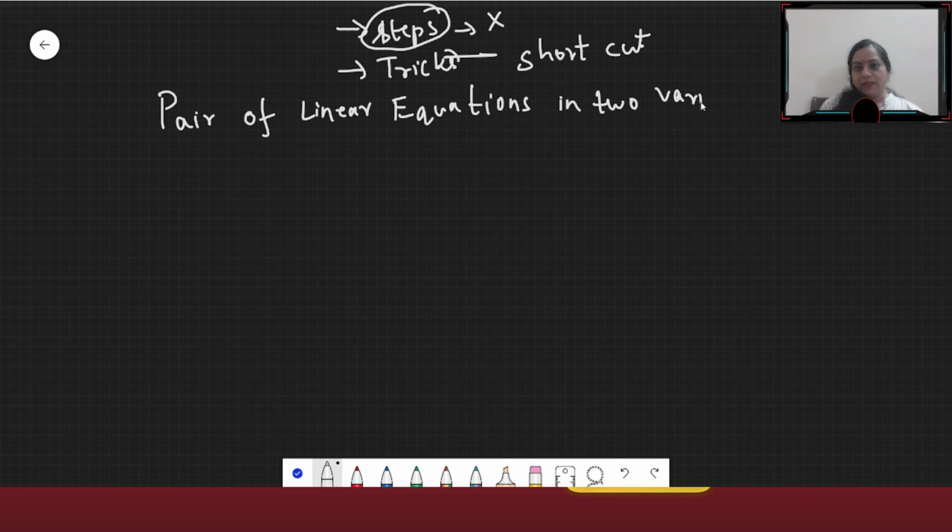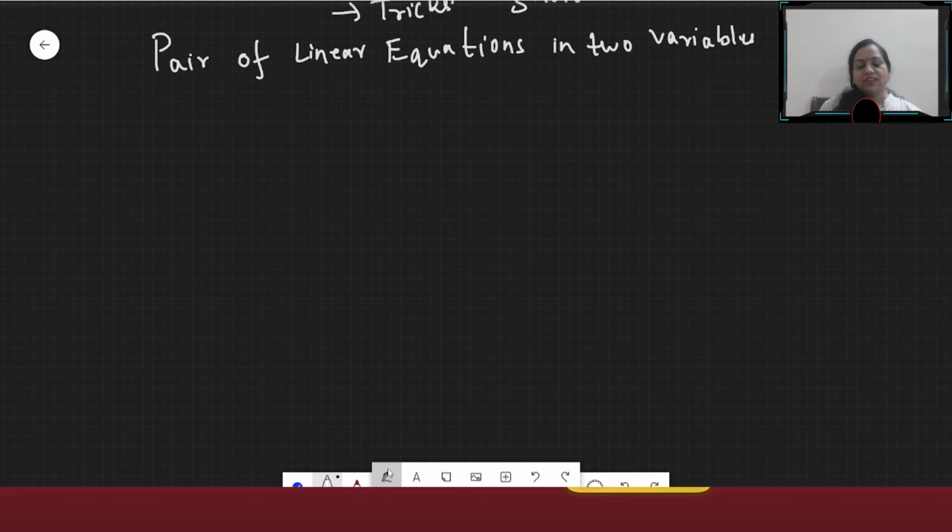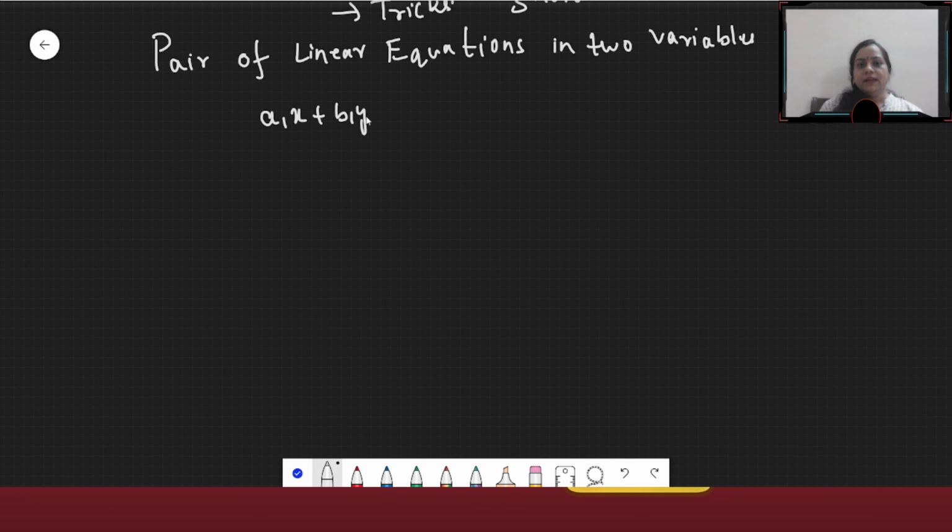Before we begin with showing you the tricks, let me have a recap of the concepts involved in this particular chapter. We all know the general form of a pair of linear equations. It is given by a1x plus b1y plus c1 is equal to 0, and the other equation is a2x plus b2y plus c2 is equal to 0.